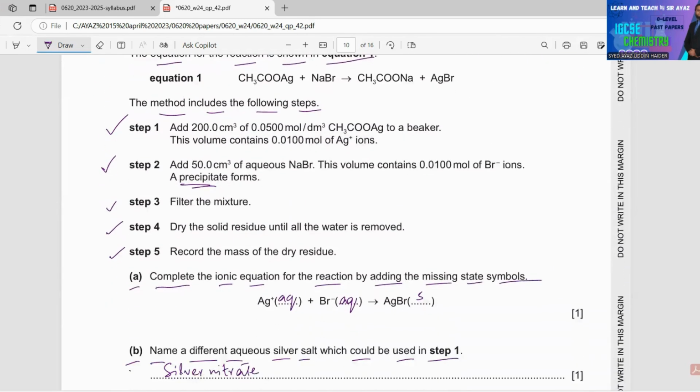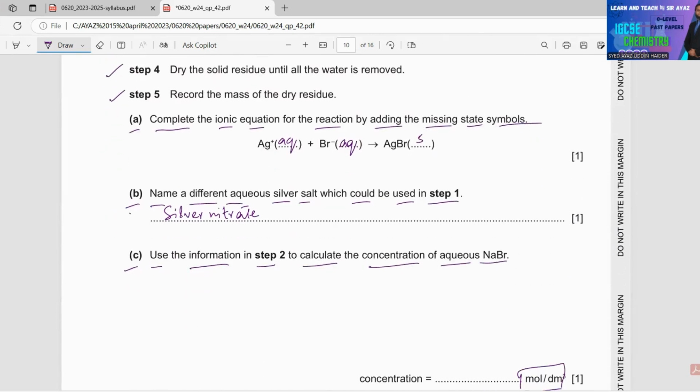If you look at the relationship, NaBr 1 mole gives 1 mole of Na plus and 1 mole of Br minus. So 1, 1, 1.